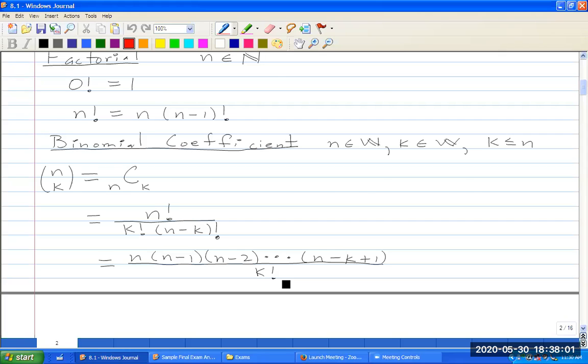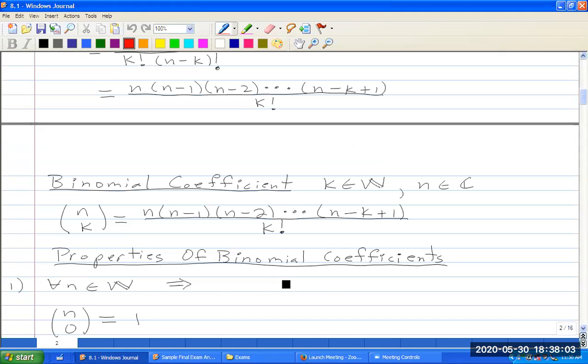And so I define the binomial coefficient for any whole number k and for any complex number n as n times n minus 1, n minus 2, dot, dot, dot, n minus k plus 1, so that's just multiplying k terms, over k factorial.